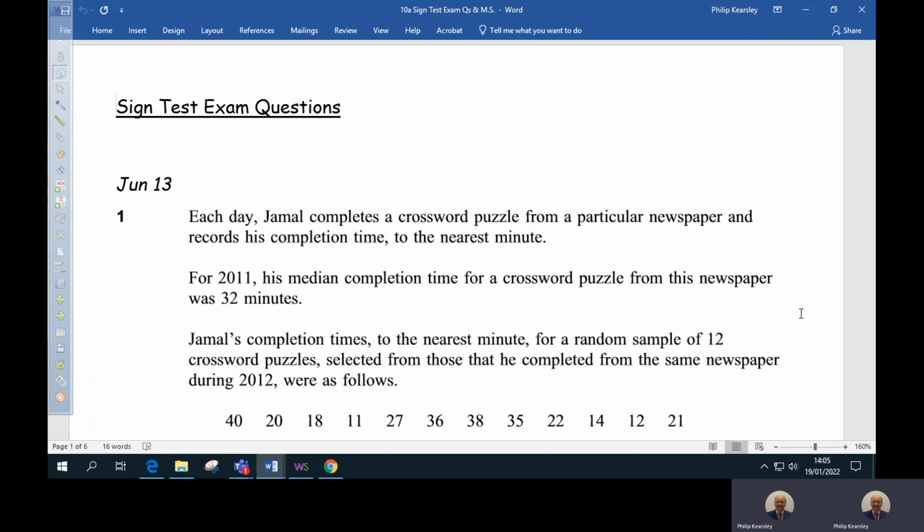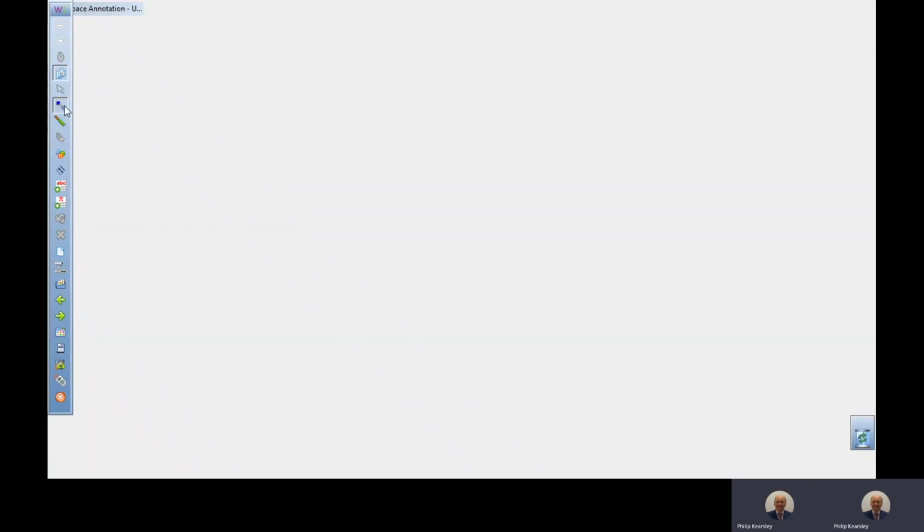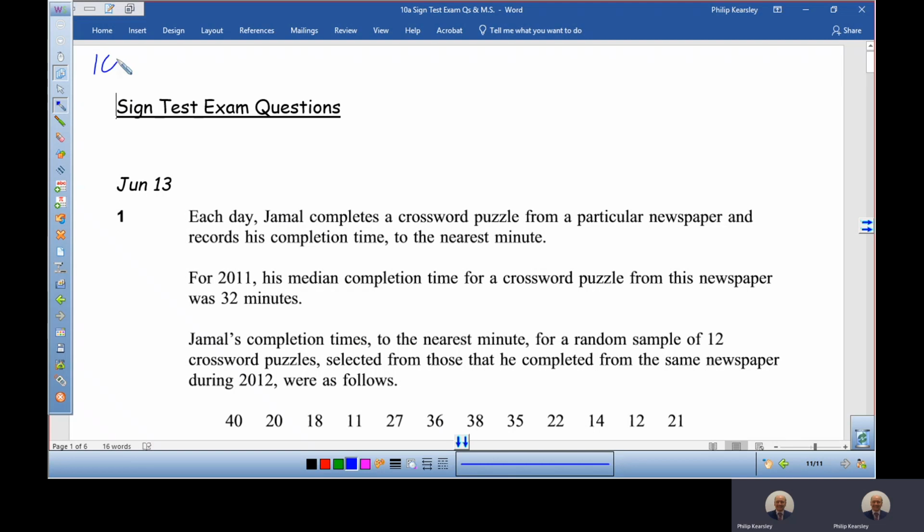So, yeah, chapter 10 is medians testing. Obviously, you've got your 3 techniques.